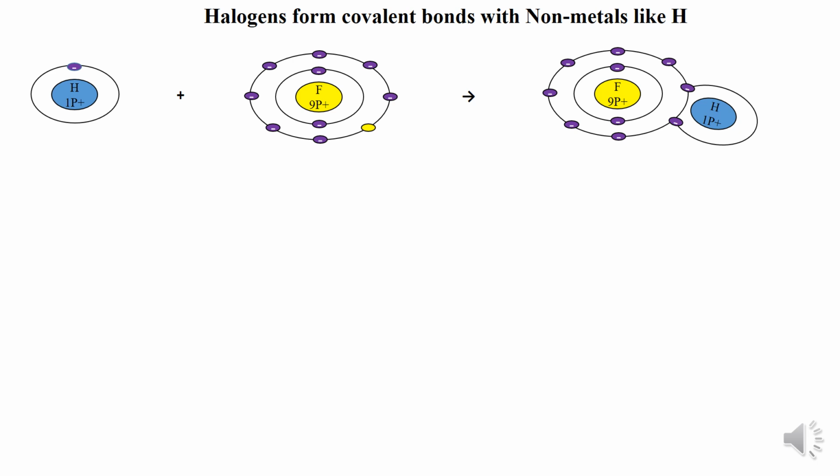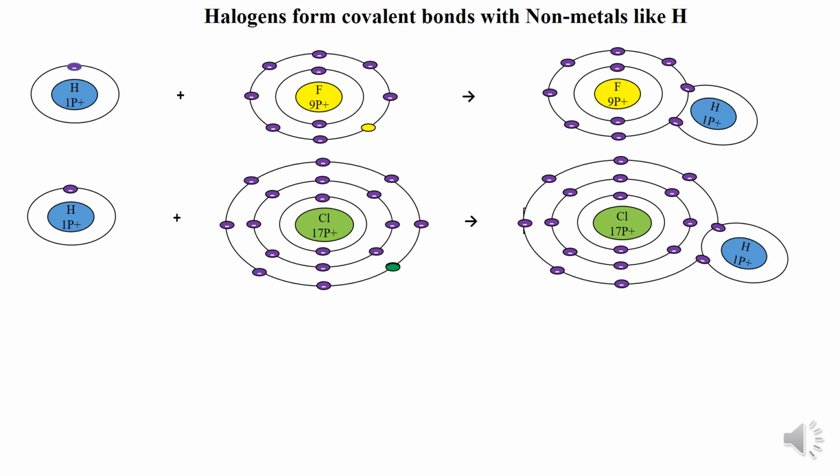Hydrogen needs one more electron to complete its shell, that is a duplet, while fluorine needs one electron to complete the octet. So both atoms equally share this electron pair, and thereby a covalent bond is formed between halogens and other non-metals by mutual sharing of electrons.